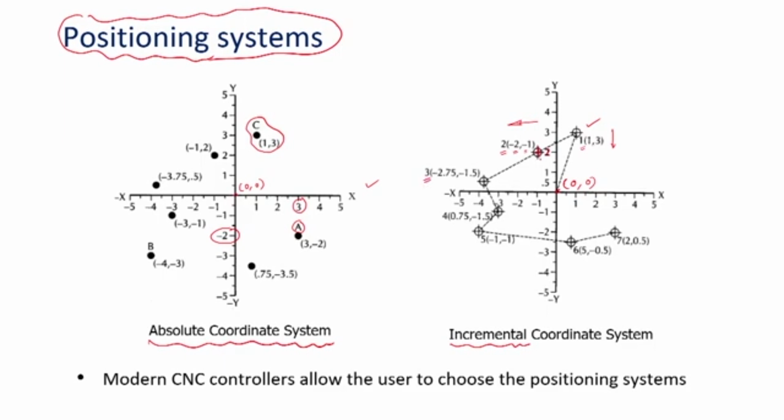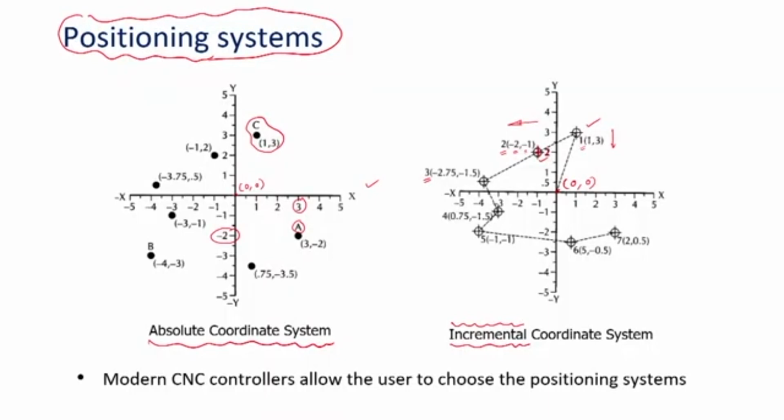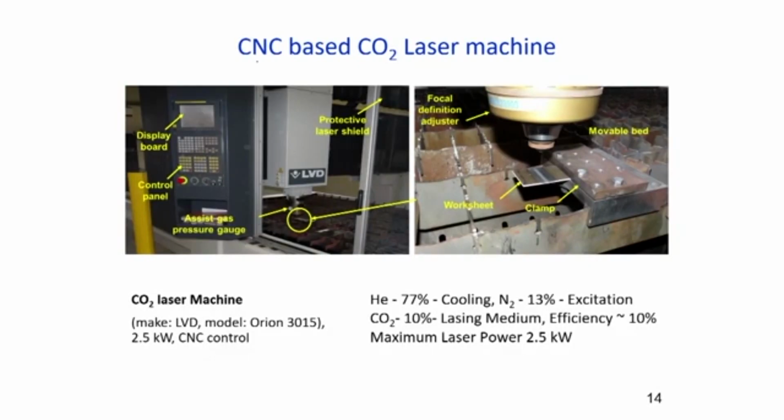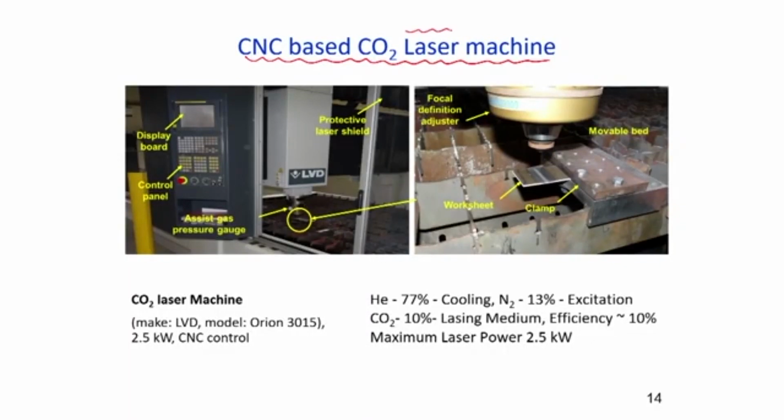This is the laser head, and the bed. This is the bed over which we are using a clamp or a fixture. The movement of the bed along x and y direction is CNC controlled.